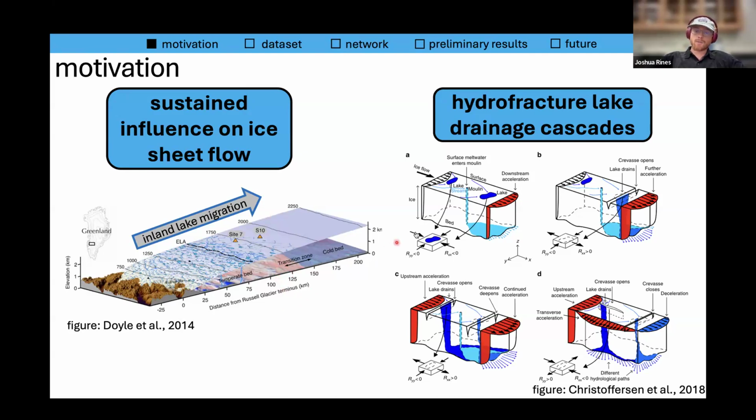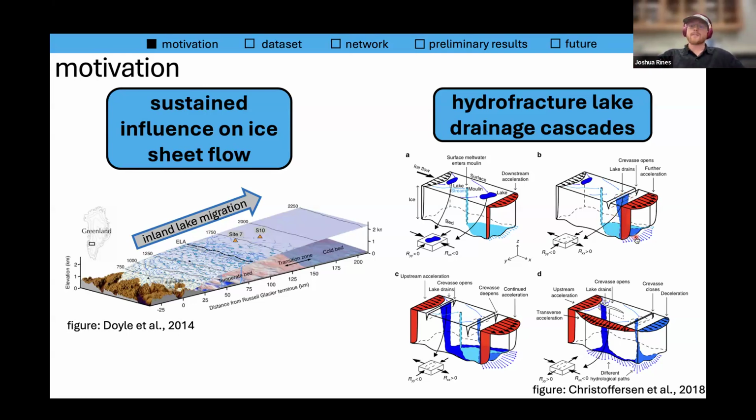Right, and it also has sort of chain reaction implications. There's this hydrofracture lake drainage cascade hypothesis, which says that if you move water from the surface to the bed, whether that's through a lake drainage or in this cartoon here, a moulin, you sort of reduce the frictional coupling between the ice and the bed, and then that could potentially lead to stress perturbations in the overlying ice that might be sufficient to trigger another lake to drain.